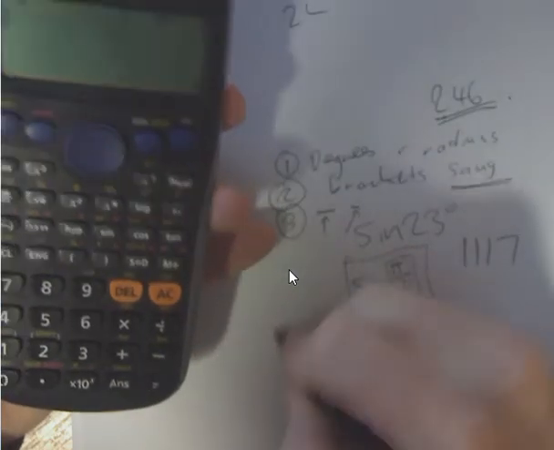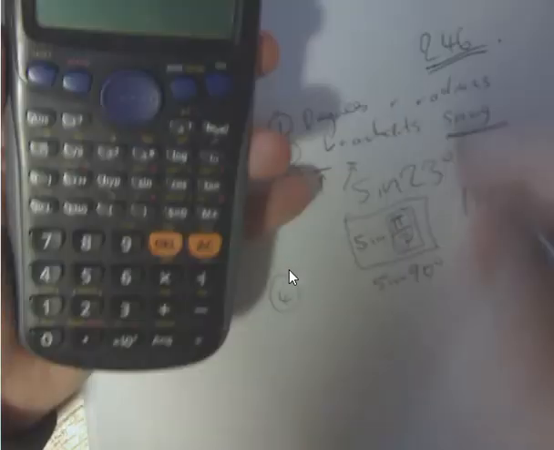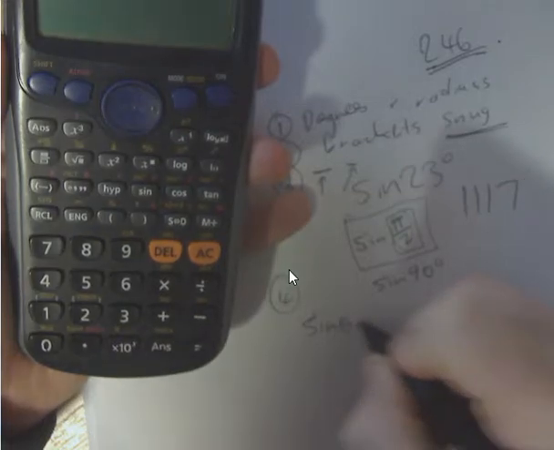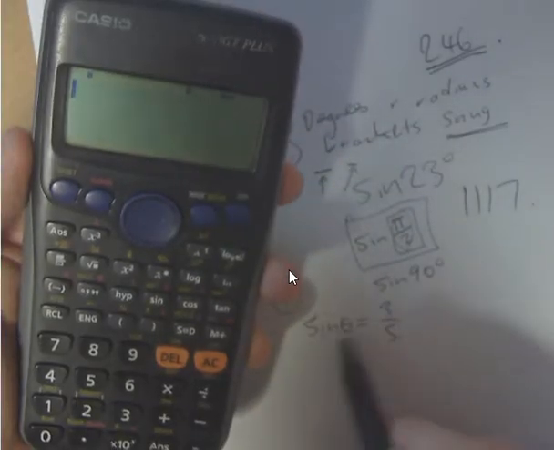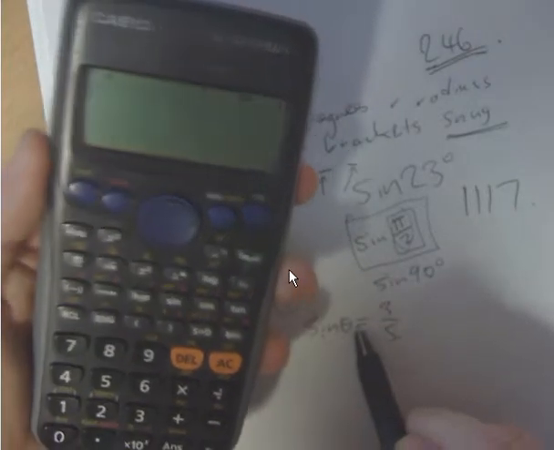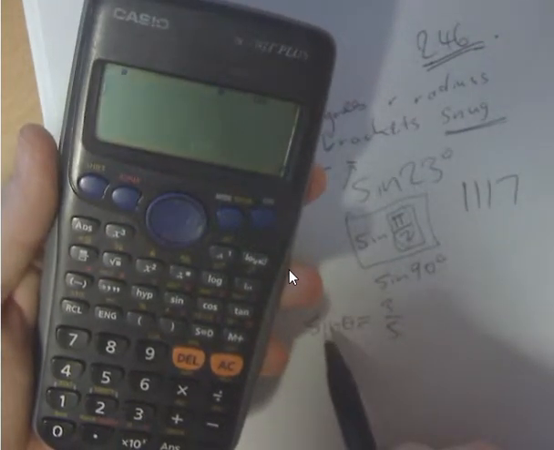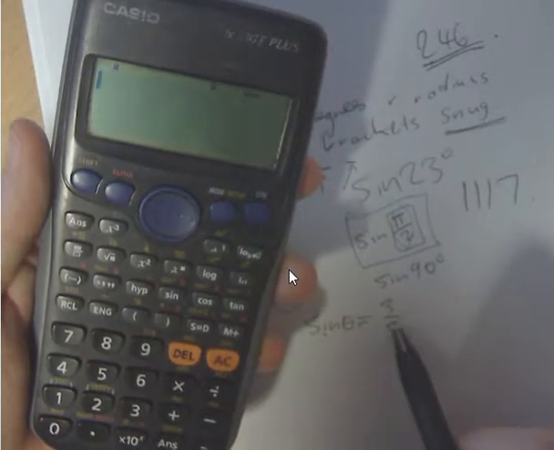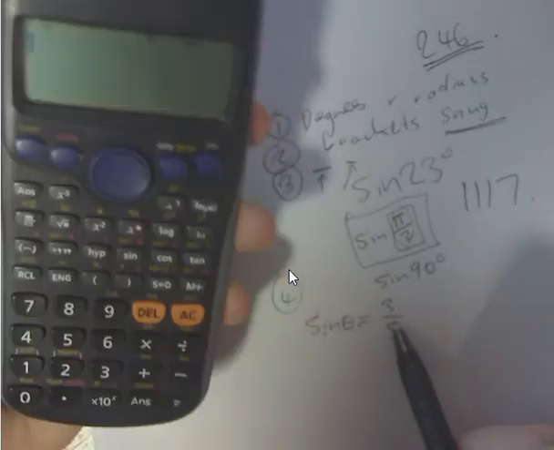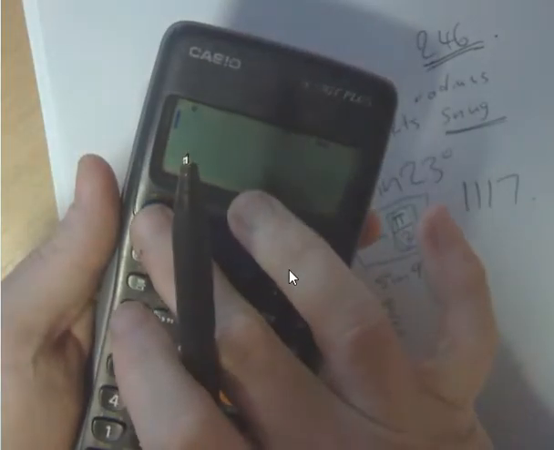Now, finally, remember the shift button. In trigonometry, if you get something like this, you can't type sine theta. There's no such thing as a theta button. So you need to warn the calculator that you're going to type what's on the other side of the screen. And the way you do that is by pressing shift first.